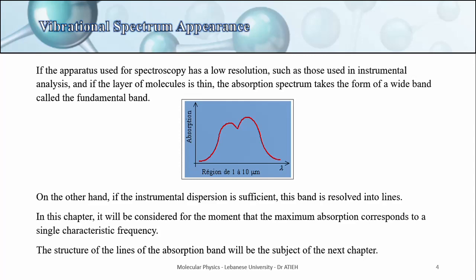On the other hand, if the apparatus used for spectroscopy has a high resolution, we are able to see these different lines and the band is resolved into lines. So in this chapter, we're going to consider for the moment the maximum absorption, or the highest intensity of absorption, which corresponds to the characteristic frequency of vibration of the molecule. We'll see that throughout the chapter.